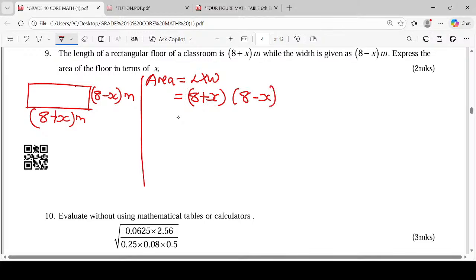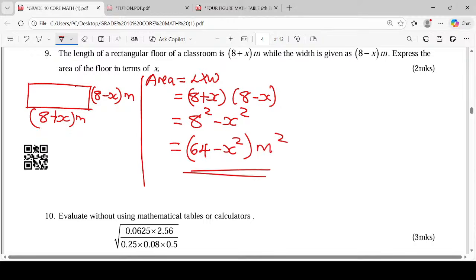This is a difference of two squares, which can be given as 8 squared minus x squared. So this becomes 64 minus x squared. This is in square meters. That is how you calculate the area of that particular question. I hope the point is at home.